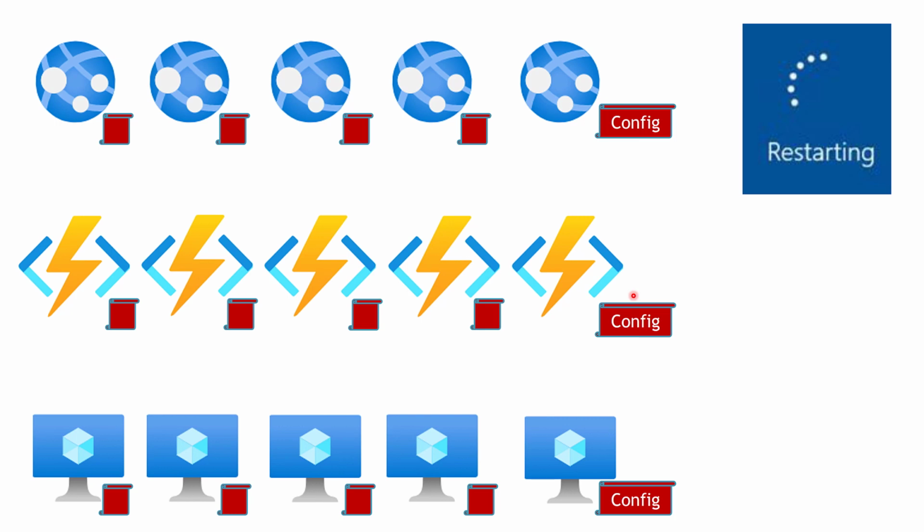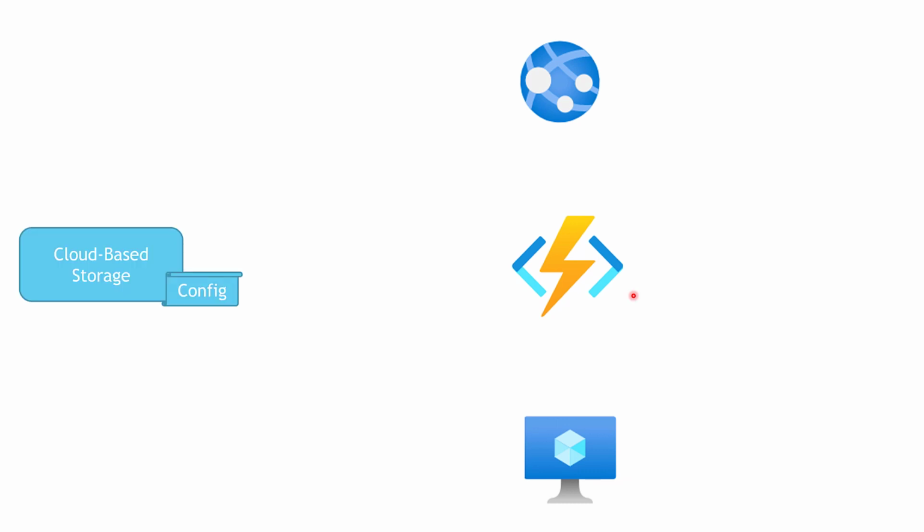Now let's see how we can use the external configuration store pattern to resolve these problems. Now let's clean this up. What we are going to do here is introduce a cloud-based storage, and move the local configuration settings from the app service, Functions app, and VM and put them in the cloud-based storage.